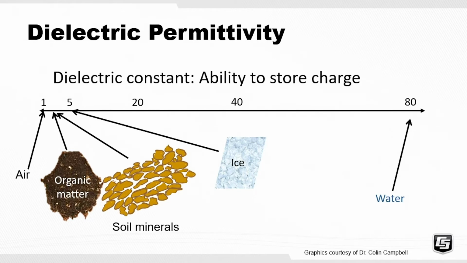Other things in the soil usually have single digit dielectric constants, things like organic matter, the minerals in the soil, and ice. Everything else in the soil is pretty low relative to water. And so it's changes in the water content of the soil that have the greatest impact on the measured dielectric constant or dielectric permittivity.